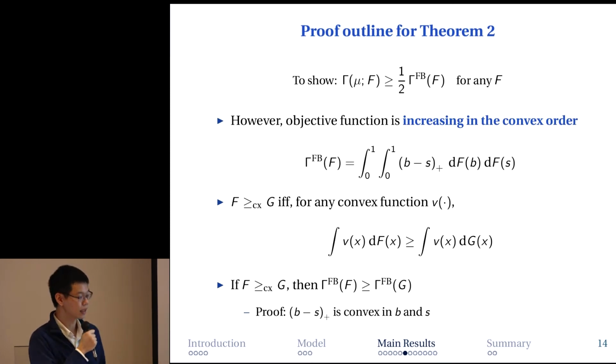In this case, the integrand in the objective function is the positive part of B minus S, and this is convex both in B and S.